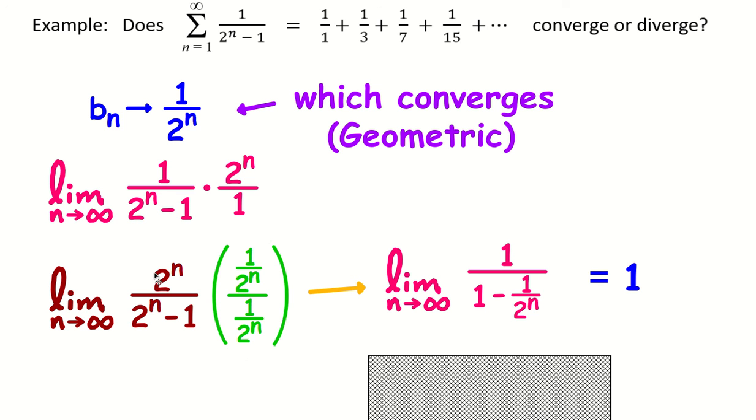Letting n approach infinity back here is just infinity over infinity. I'm not sure if L'Hopital's rule could be applied here, but this works. L'Hopital's rule might have also worked, but we go from infinity over infinity to basically this, and we get 1.